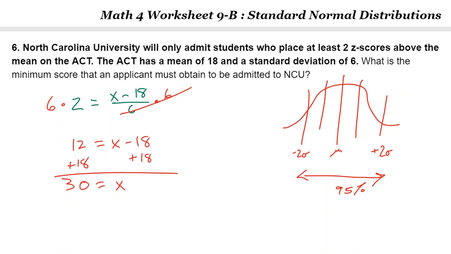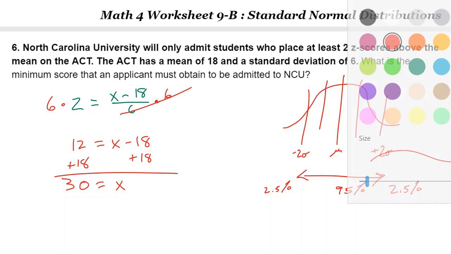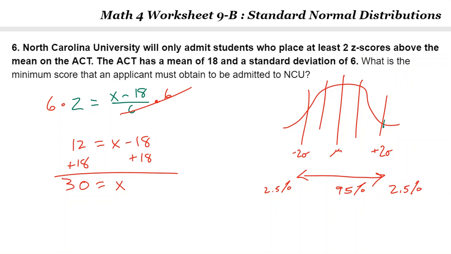That's going to mean 2.5% down here, and 2.5% up here. So what they are talking about here is really the upper 2.5% of all scores. So yeah, that's a little on the picky side.